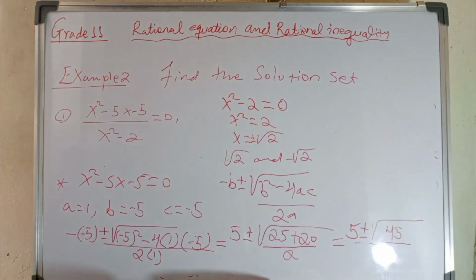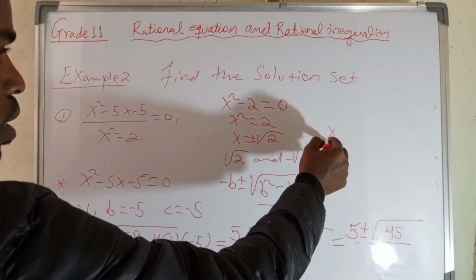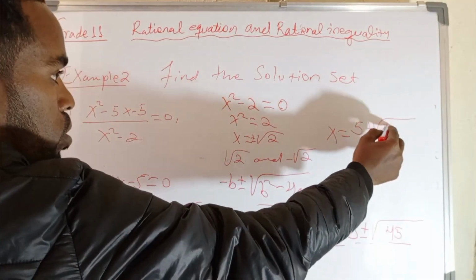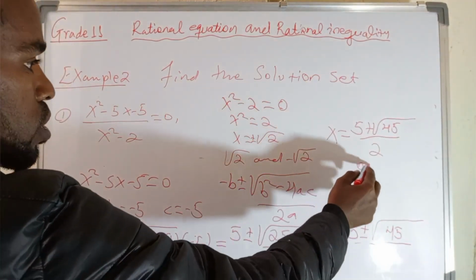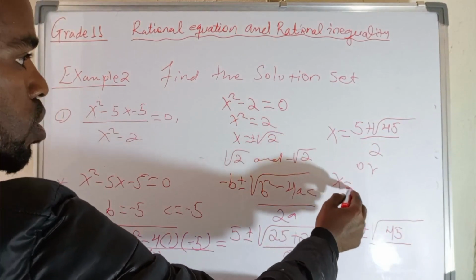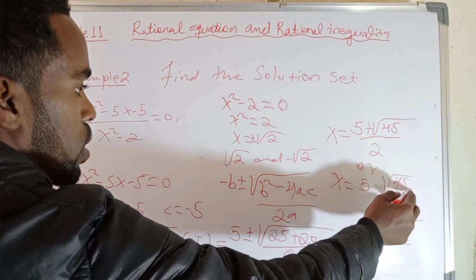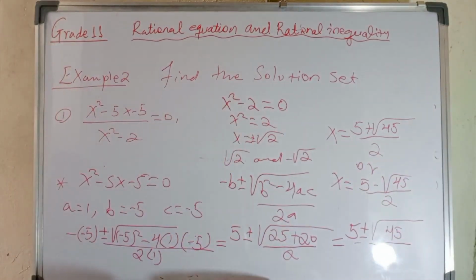So the solution set is what? The solution set of the given equation is x equals 5 plus the square root of 45 divided by 2, or what other, x equals 5 minus the square root of 45 divided by 2. We get two answers.